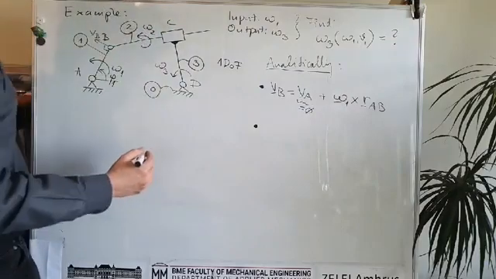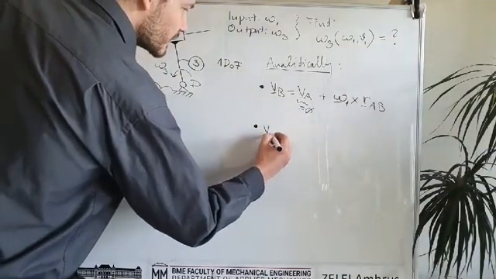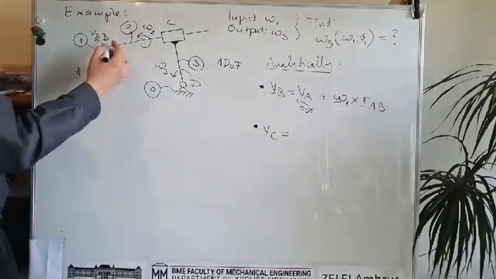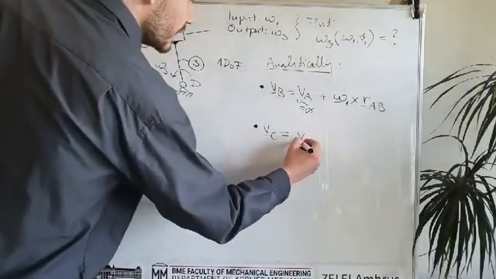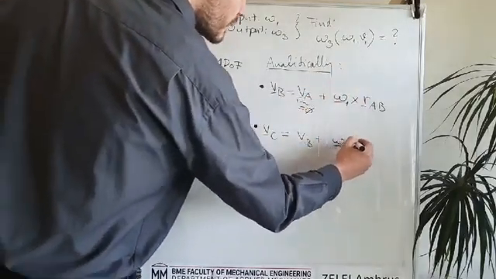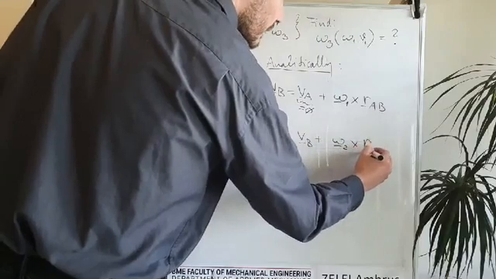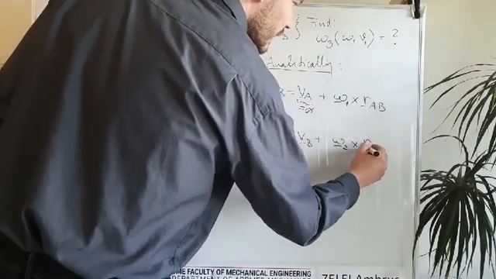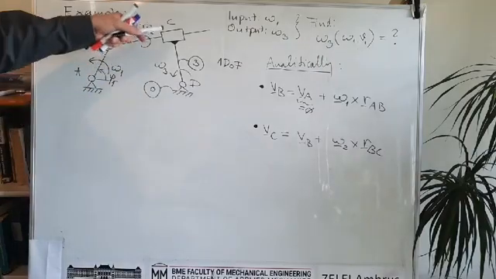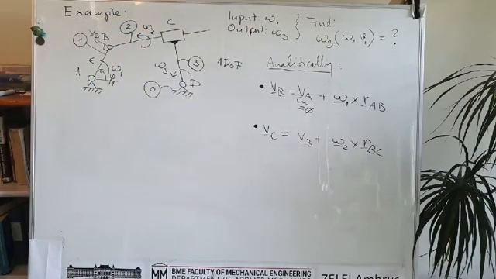So first we say that the velocity of point C is equal to VB plus, using the same formula, omega 2 cross the position vector from B to C. And this will be the velocity of point C, but the question arises, which C point is this?